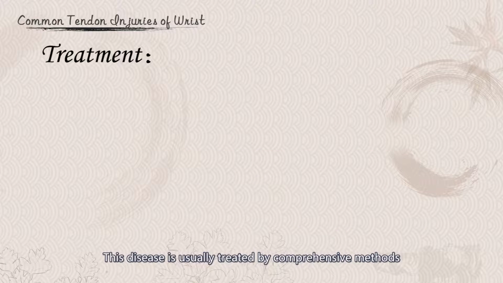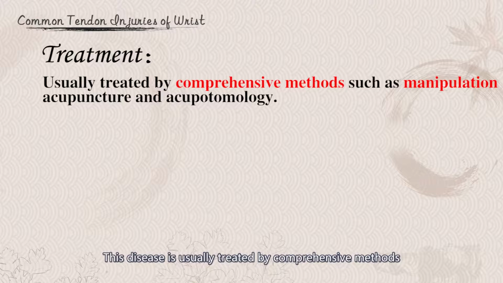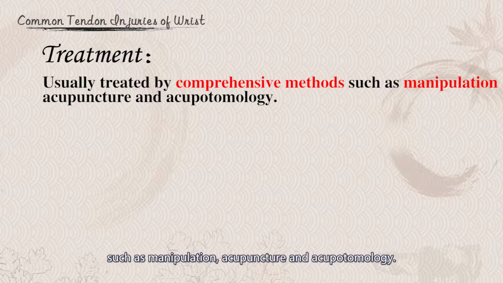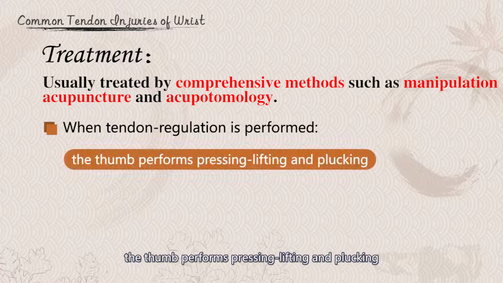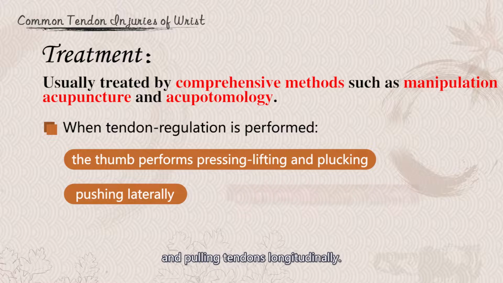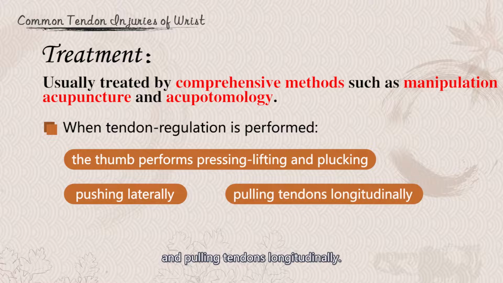This disease is usually treated by comprehensive methods such as manipulation, acupuncture, and blocking therapy. When tendon regulation is performed, the thumb performs pressing, lifting and kneading, passing laterally, and pulling the tendon longitudinally.